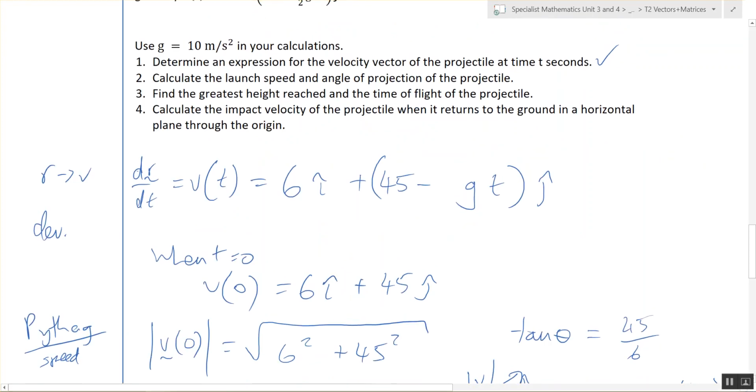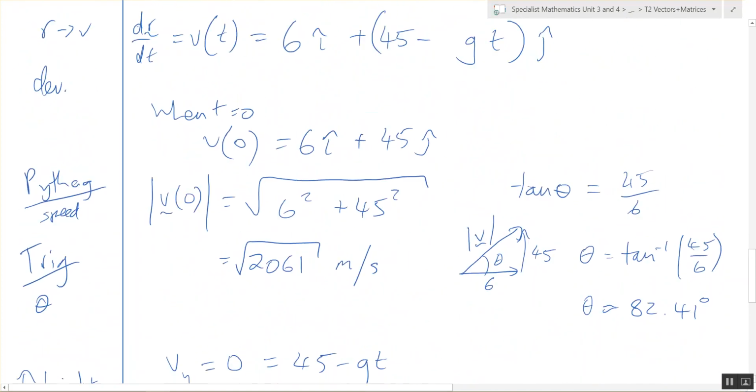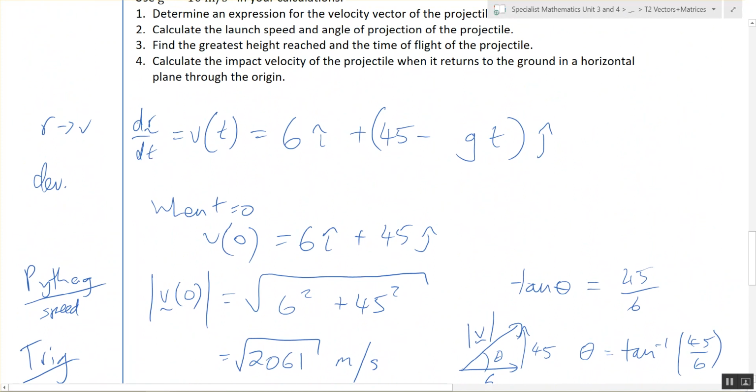Okay, last question. Calculate the impact velocity of the projectile. So use that equation we found at the very beginning. And sub in 9.